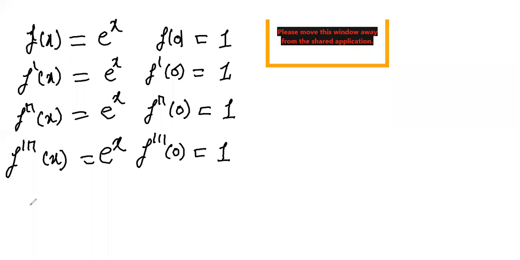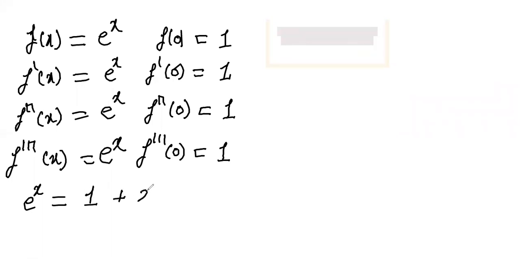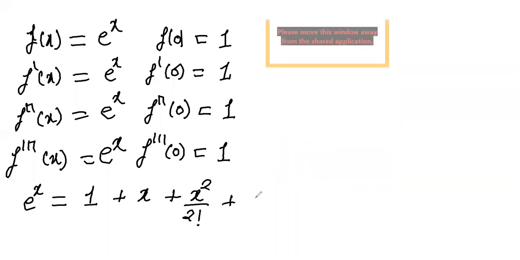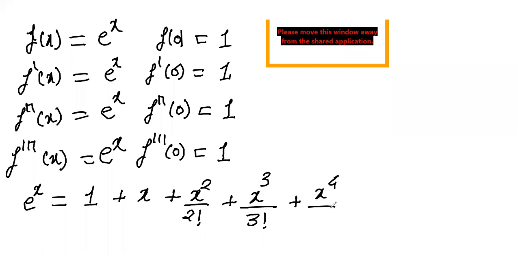Okay, so we can write e to the power x is equal to 1 plus x plus x square upon 2 factorial plus x cube upon 3 factorial plus x to the power 4 upon 4 factorial and so on.